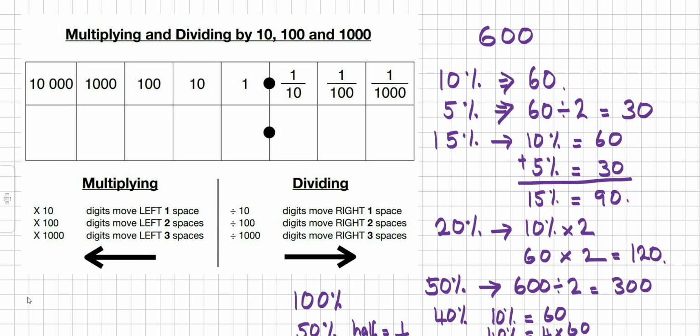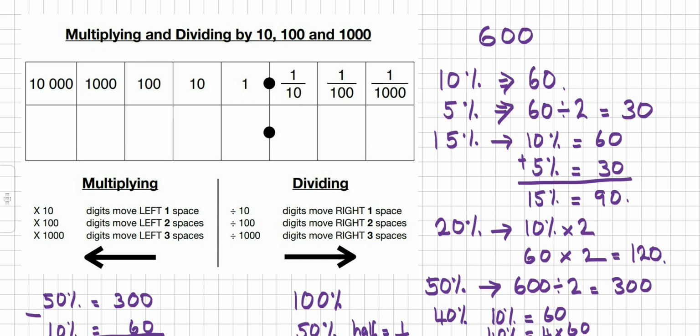But we could also say, well, I know 50% is 300, and I know that 10% is 60, so I could take 10% away from 50%, that's going to give me 40%, and I can take 60 from 300 and it's 240. So have a go at playing around with the numbers. It makes it so much easier if you want to do mental maths to think about those 10%.